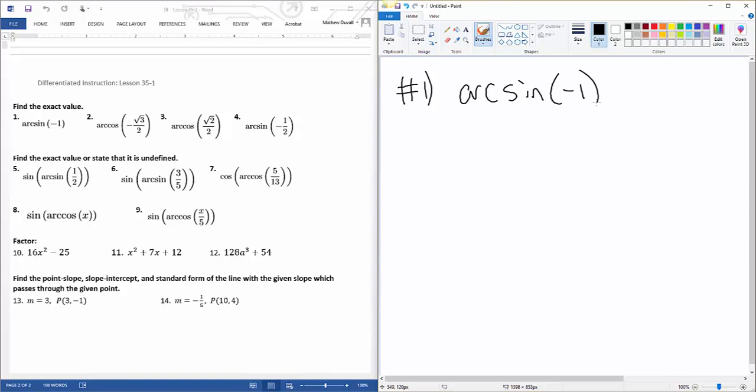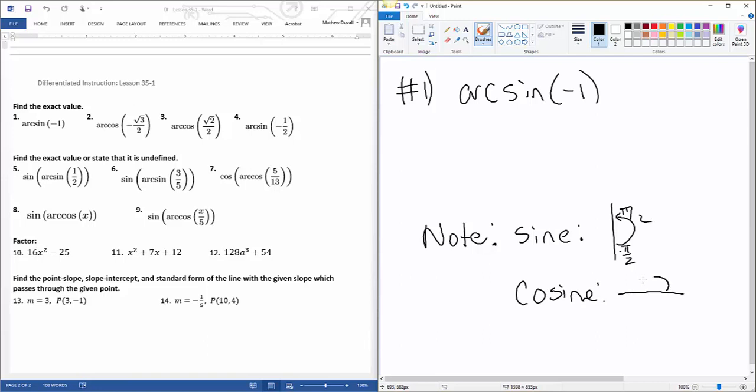Now, a few things to note. For sine, if we're looking at the values, it has to be from between -π/2 all the way to +π/2. For cosine, it has to be from 0 to π.